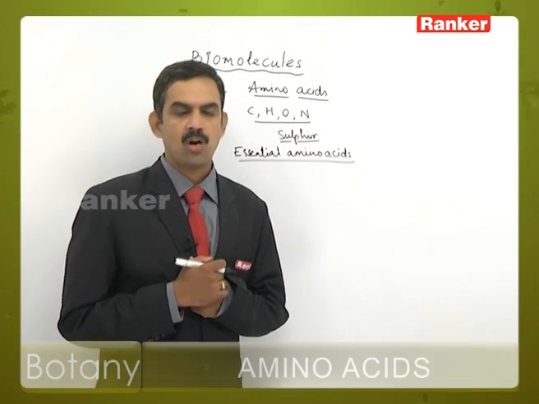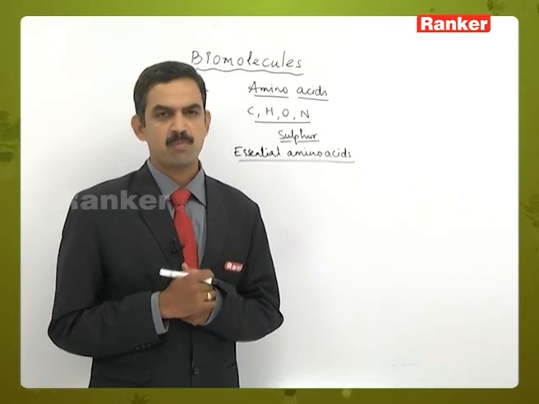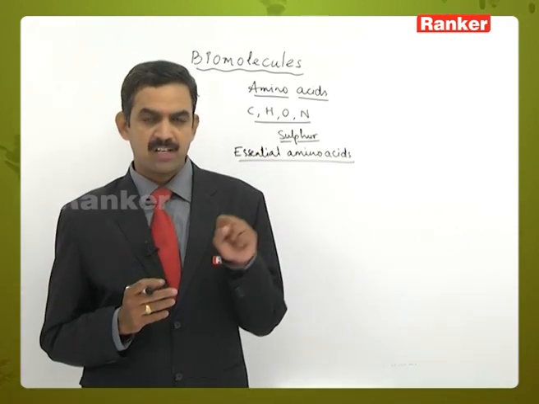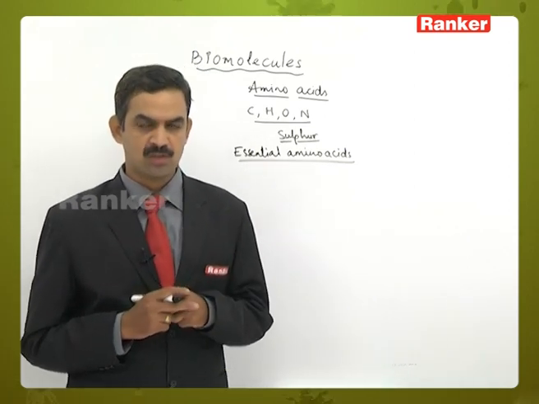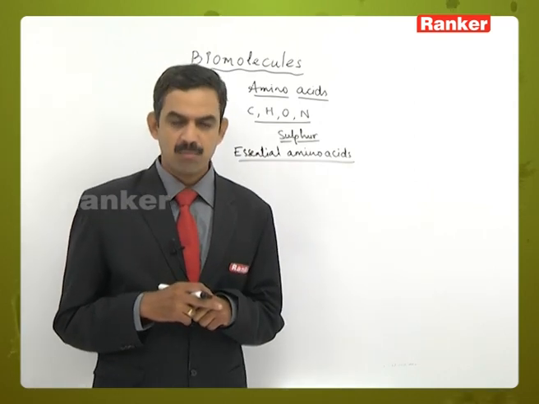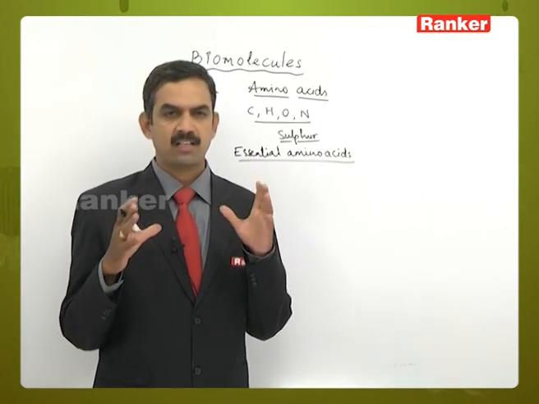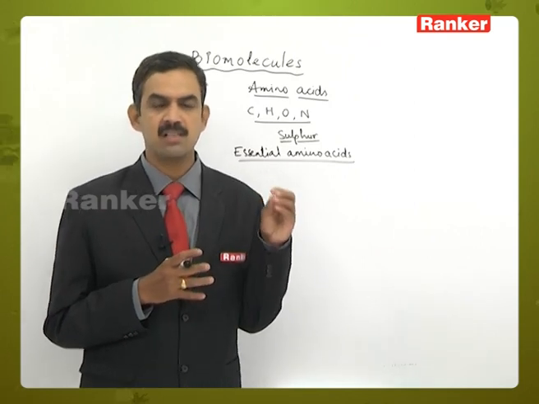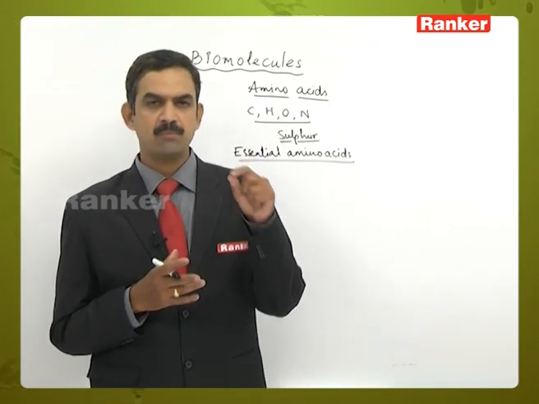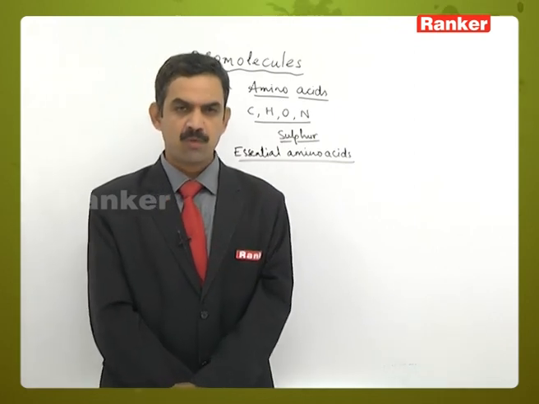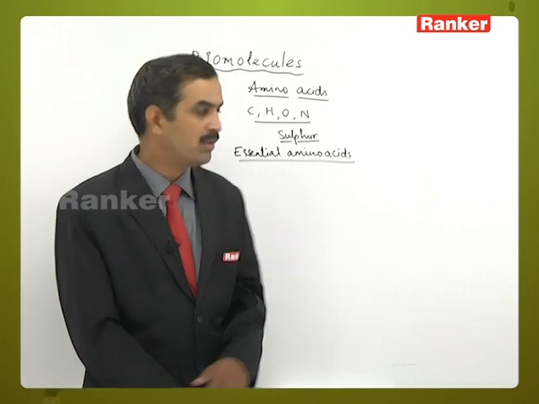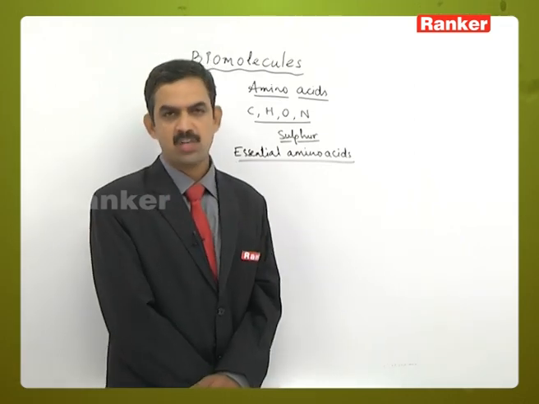Those are required for various metabolic activities and other functions. But animals cannot prepare their own amino acids; such amino acids are derived from plant sources. The ones derived from plant sources which cannot be synthesized by the animals are called essential amino acids.